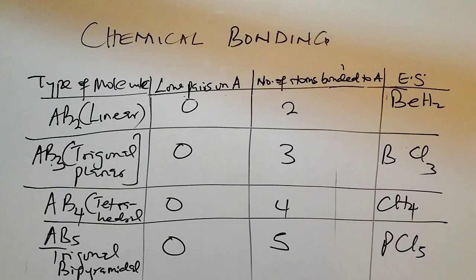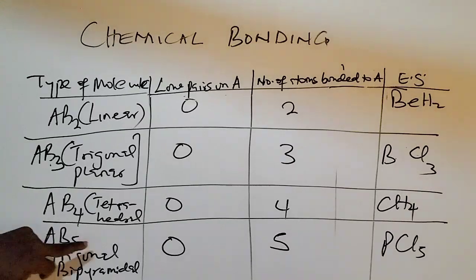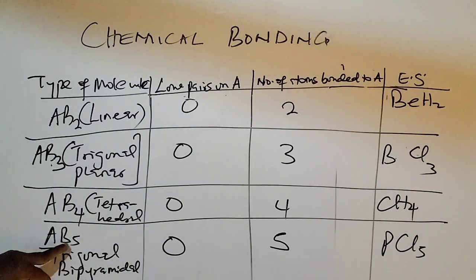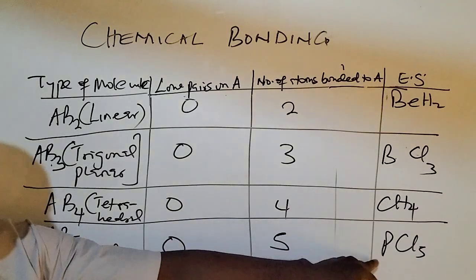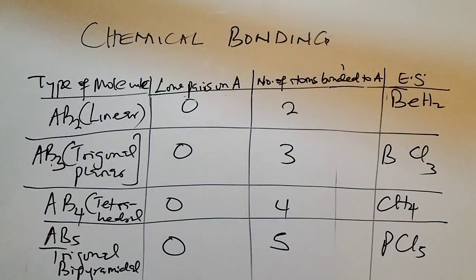The other shape we looked at is the formula AB5, where A is the central atom with 0 lone pairs and 5 atoms bonded to A, for example PCl5, phosphorus pentachloride. Such a molecule has what is called a trigonal bipyramidal shape.